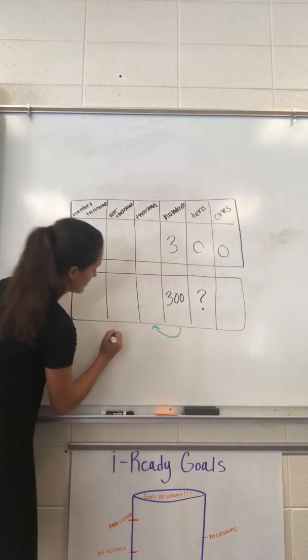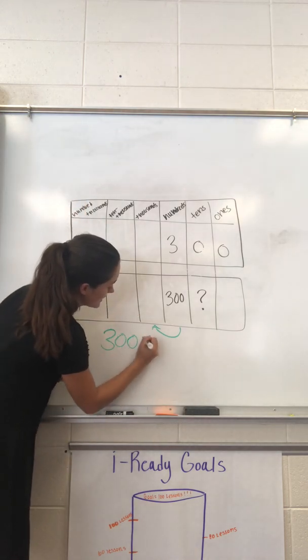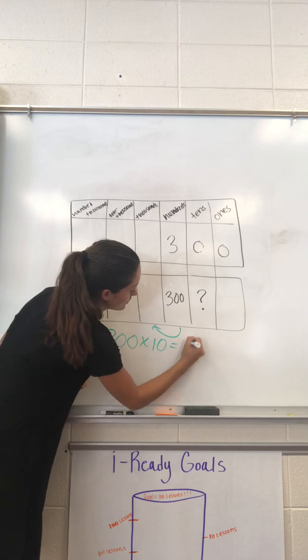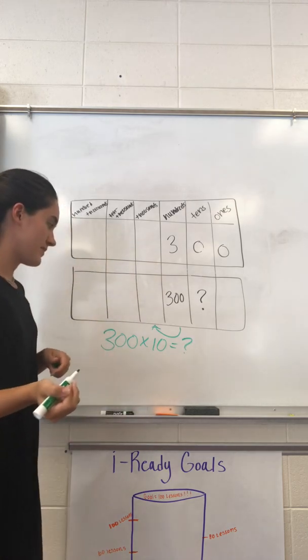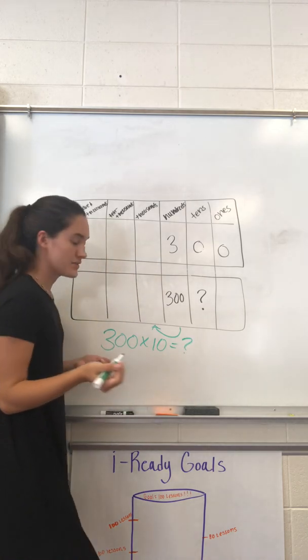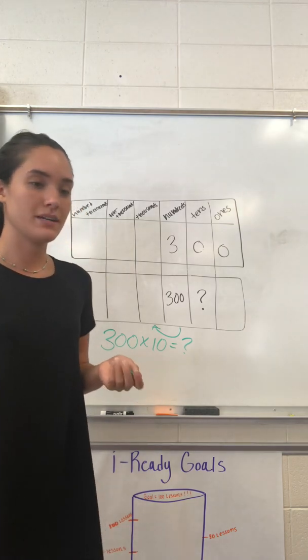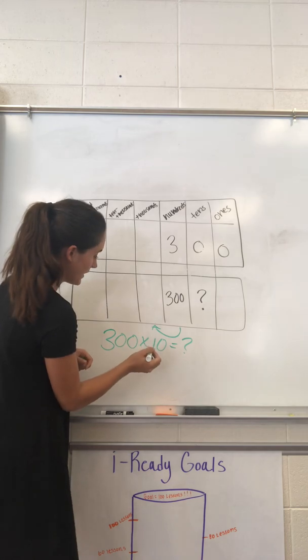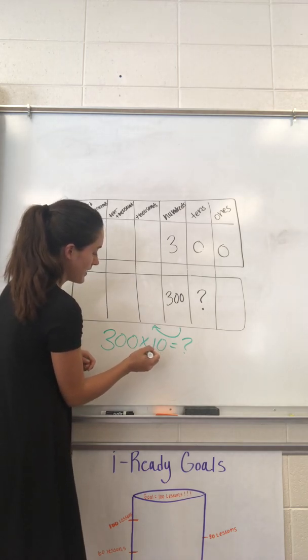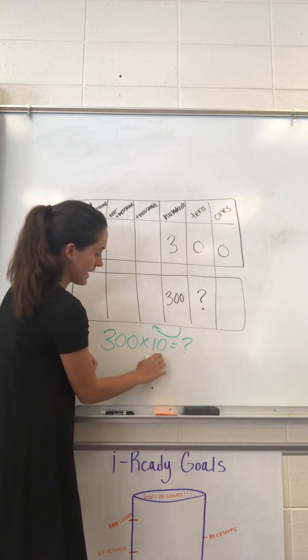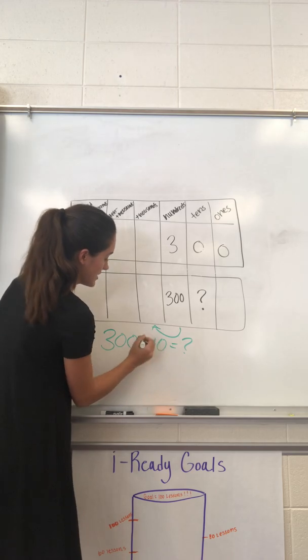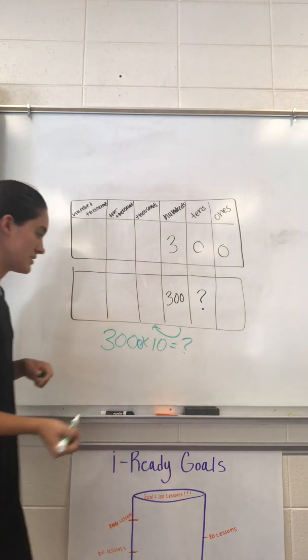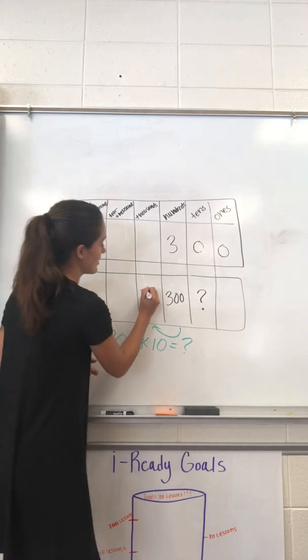So what we can do is say 300 times 10 equals what? A little trick when you're multiplying or dividing by tens, base 10 numbers, is that you can just add a 0. I've got 1 zero in 10, so I'm going to add 1 zero to my 300, which makes it 3,000.